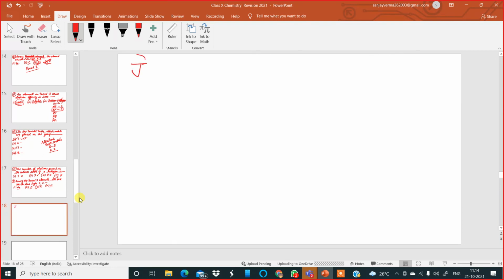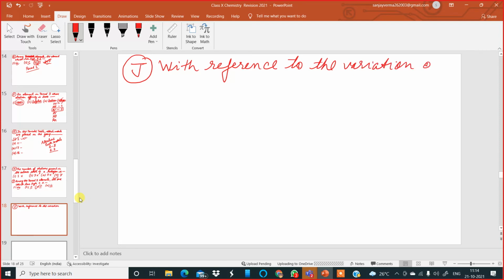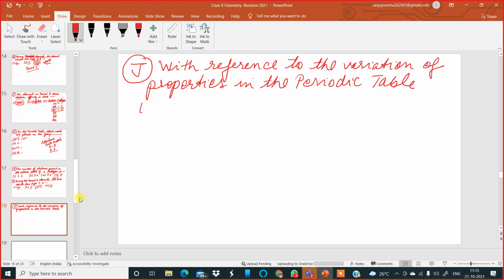J. Now with reference to the variation of properties in the periodic table, which of the following is generally true.